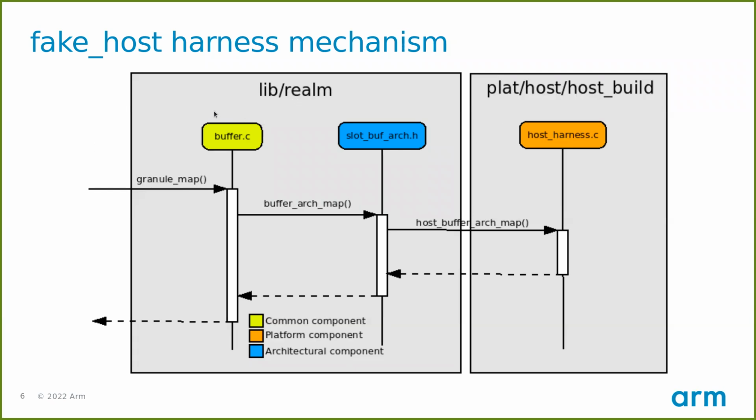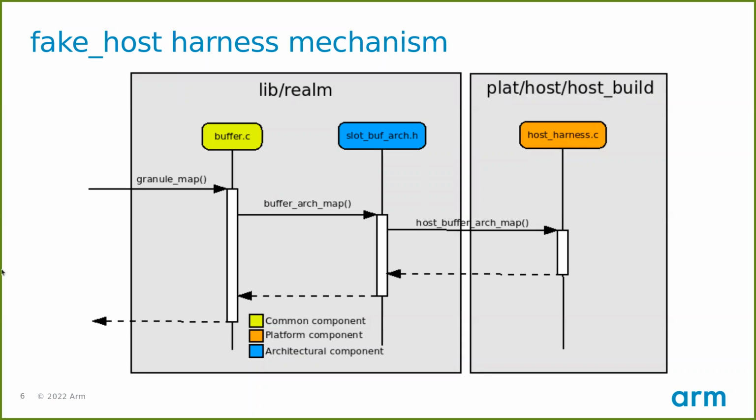As an example, we're using the buffer component of the realm library. One of this buffer component's public APIs is called granule map, which basically is in charge of getting a granule of memory and mapping it into the system so the system can use it. This buffer.c is actually a common component. It is used by every single architecture in the system, every single available platform, such as fake host or FVP.